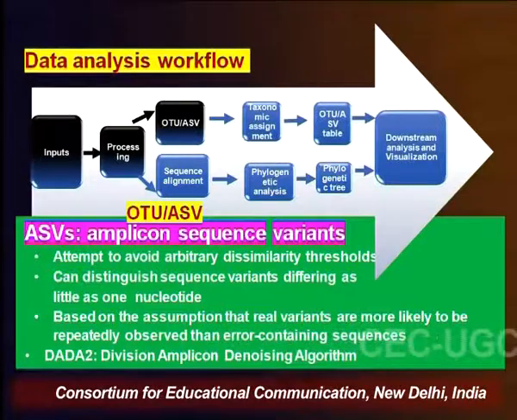ASVs are much more accurate than OTUs because they don't have a fixed similarity threshold. So this can distinguish between sequence variants differing by as little as one nucleotide, and that makes it more accurate as compared to OTUs.